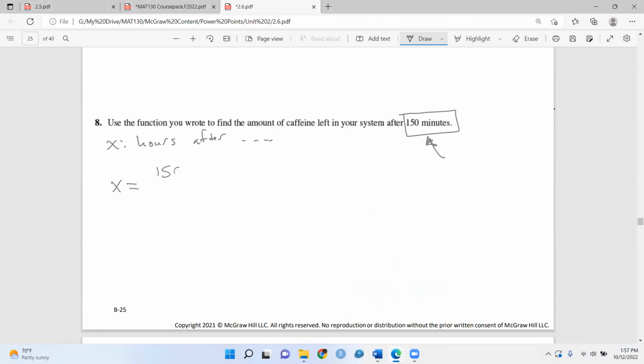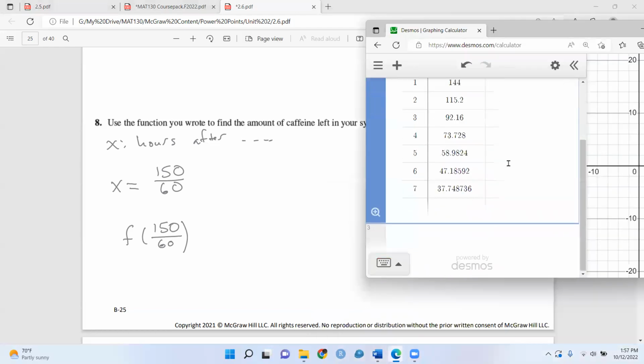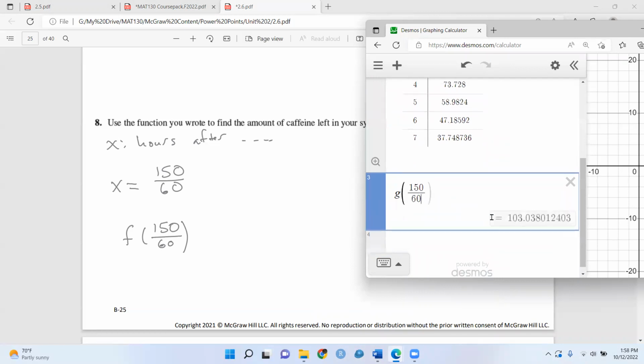So the x value here is really 150 over 60. That's converting the 150 minutes into hours. All I have to do is type this into Desmos. I don't even have to figure out how many hours that is. It's probably not too difficult to figure out, like 2.5 hours, but I want to demonstrate the beauty of Desmos. All I have to do is type g of 150 divided by 60, and I get my answer.